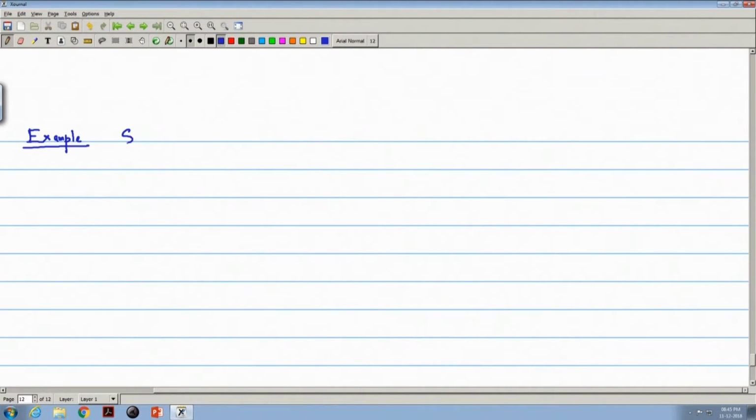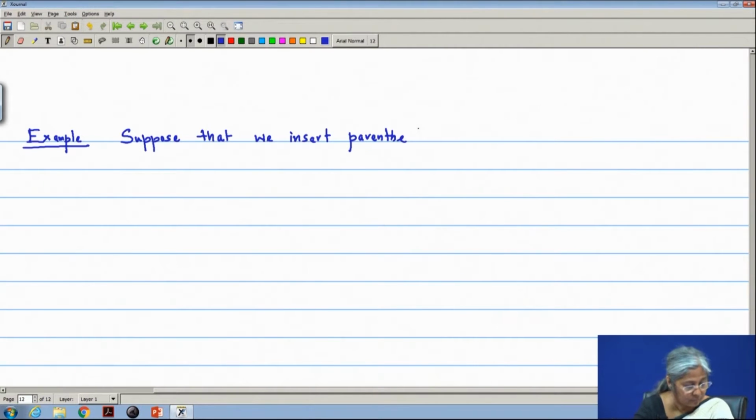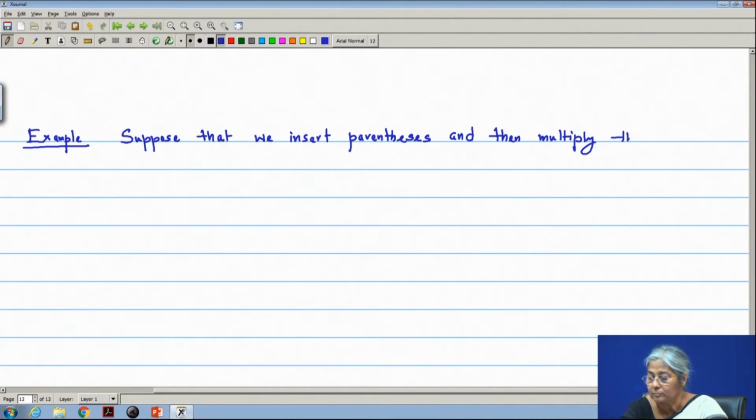Suppose we insert parenthesis and then multiply n numbers.